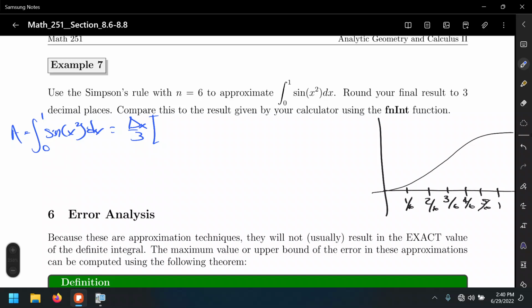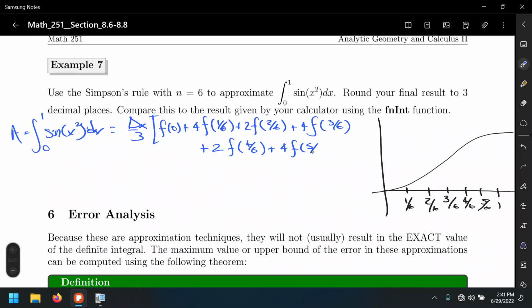The first one doesn't get multiplied by anything, that is f of 0, plus 4 f of 1/6, plus 2 f of 2/6, plus, not 3, actually plus another 4 f of 3/6, plus 2 f of 4/6, plus 4 f of 5 over 6, and the last one doesn't get multiplied, just like the first one, f of 1.